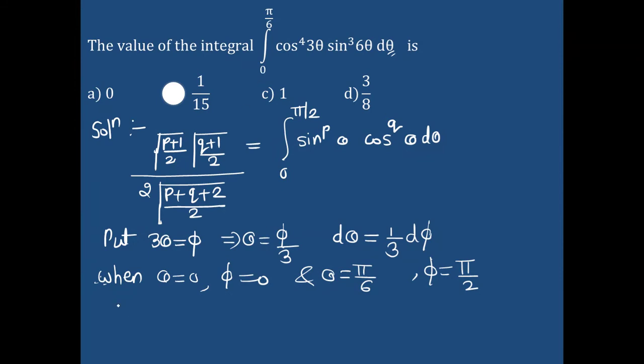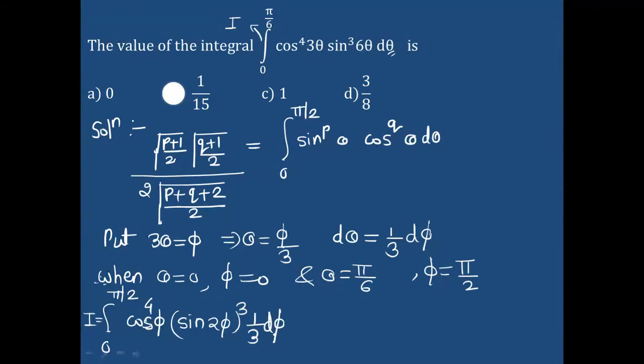Okay, so this integral will now become, if I denote this integral by I, I is equal to integration from 0 to pi by 2 of cos to the power 4 of phi, since 3 theta is phi, and sine cube of 6 theta, which becomes sine cube of 2 phi, and then d theta is 1 by 3 integration with respect to phi.